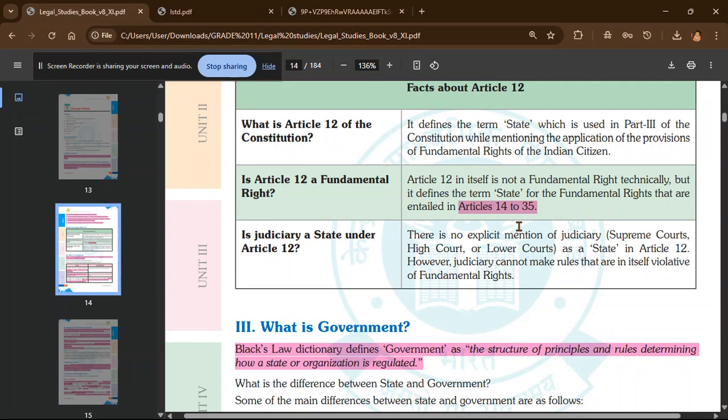So there is no mention of judiciary as a state in Article 12, but judiciary cannot make rules that themselves violate fundamental rights. Judiciary does not come under Article 12, but that doesn't mean it can make laws that harm the fundamental rights of citizens. No, it cannot make rules that in themselves violate the fundamental rights.